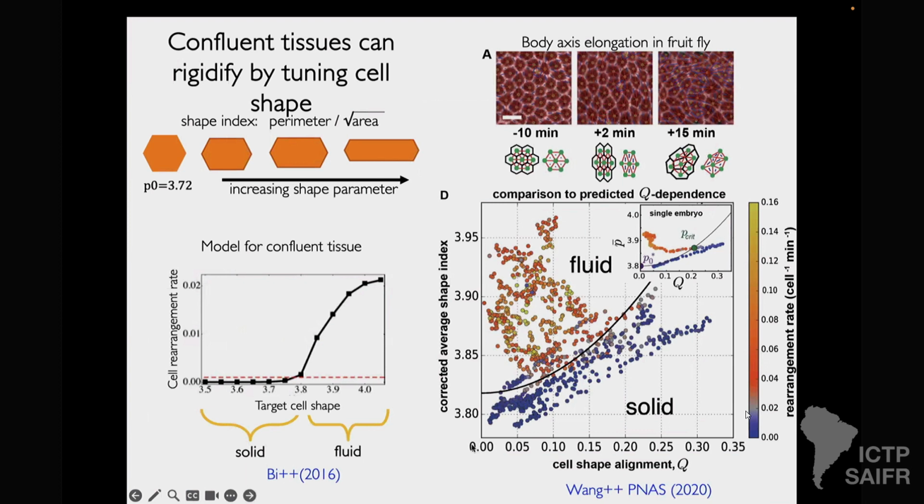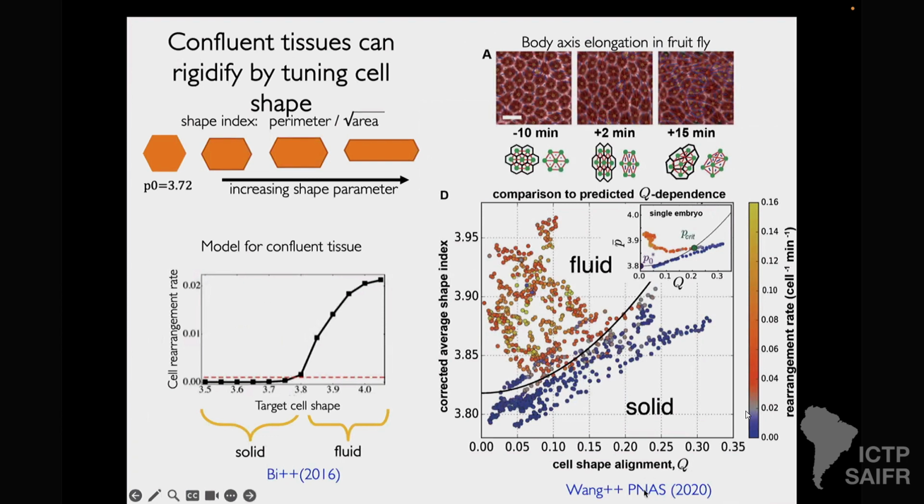We extended the theory in this paper and a few other works in order to see what happens when systems are anisotropic. So either there are anisotropic tensions acting, or a group of cells is subject to large shears, because that also tends to align the cells and make the system anisotropic. So in addition to looking at the shape index, the theory also predicts that you have to look at a shape alignment.